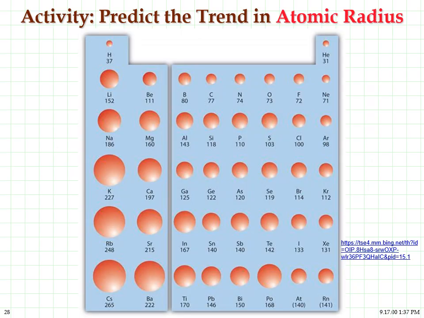Next one is atomic radius. Okay, this is for atomic radius. So for the top going to bottom, it has increasing atomic radius, and from right side going to the left side, it also has increasing atomic radius.